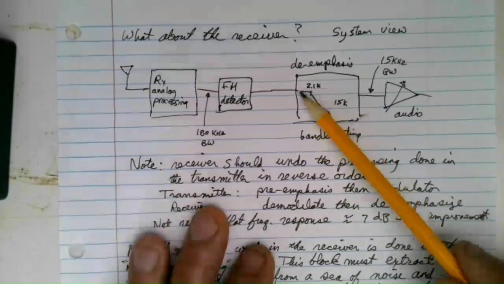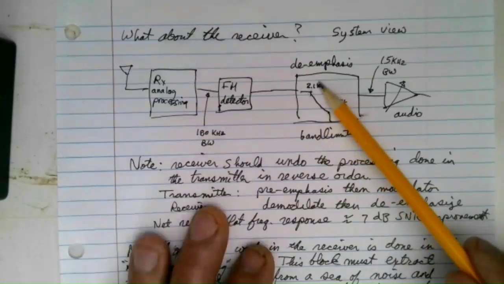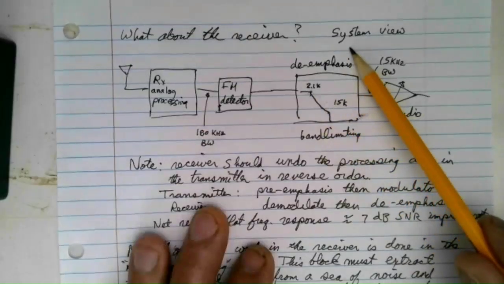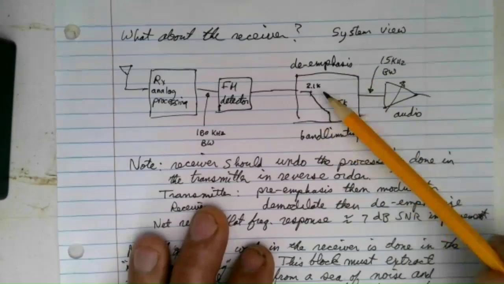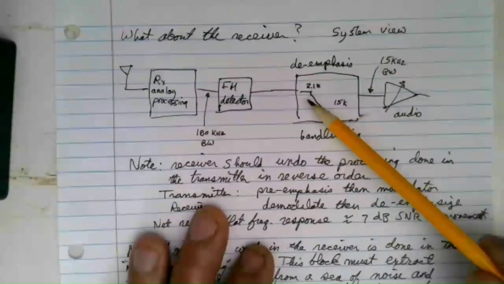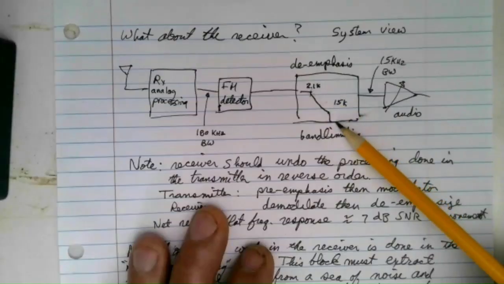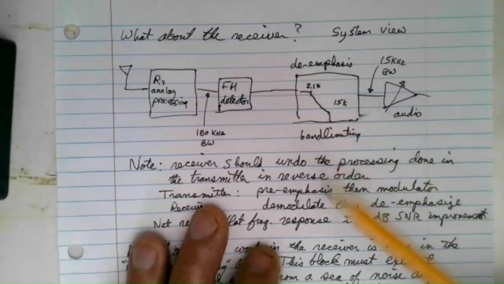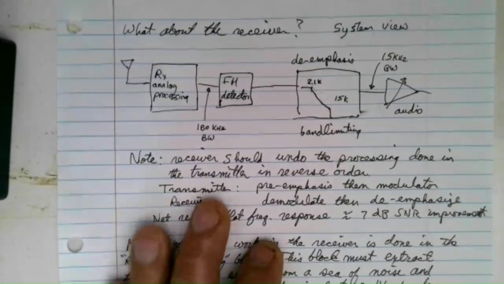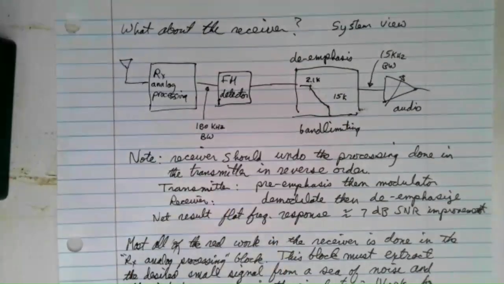Remember, in the transmitter, starting at 2.1 kilohertz, we pre-emphasize 6 dB per octave on the uphill slope. In the receiver, we de-emphasize with a 6 dB per octave down slope between 2.1 kilohertz and 15 kilohertz. That gives us a net flat audio response from very low frequencies up to 15 kilohertz.